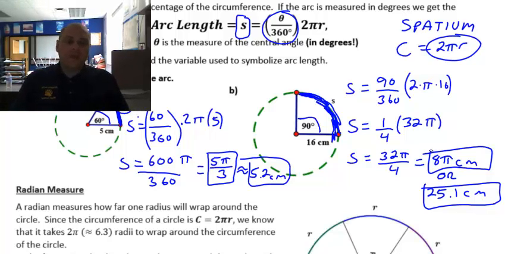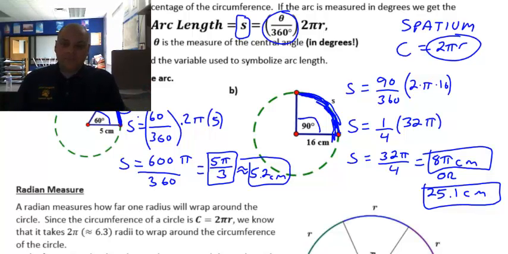For 8 pi, you just put in your calculator 8 times pi. Pi is 3.14, right around there. So 8 times about 3.14 gives us 25.1. That's where that comes from. I did that ahead of time just to save you guys time.